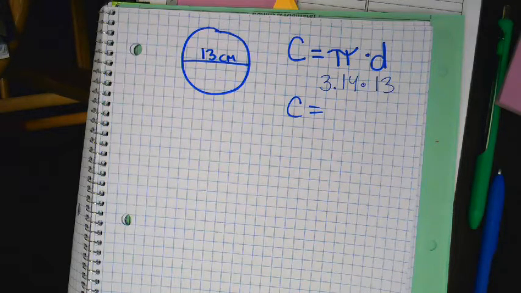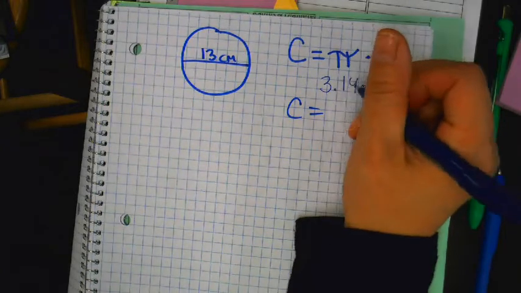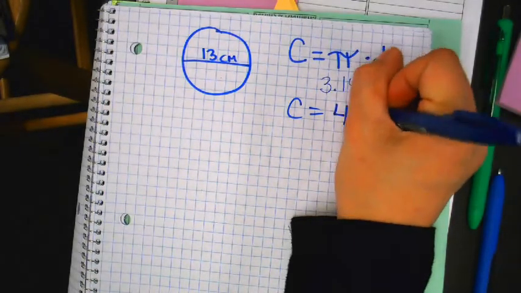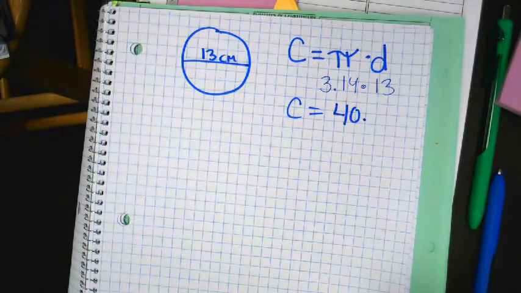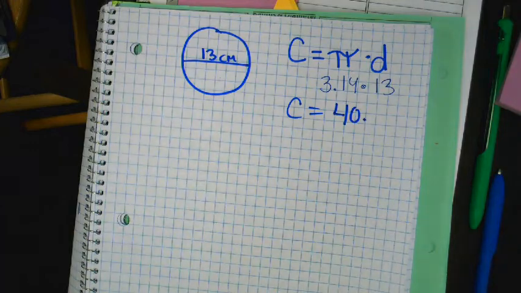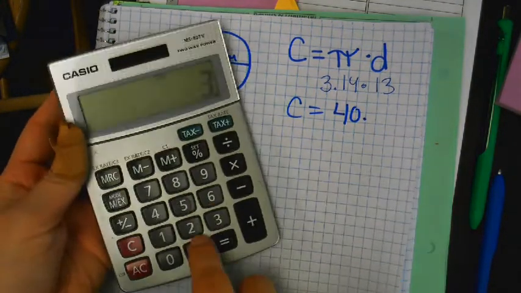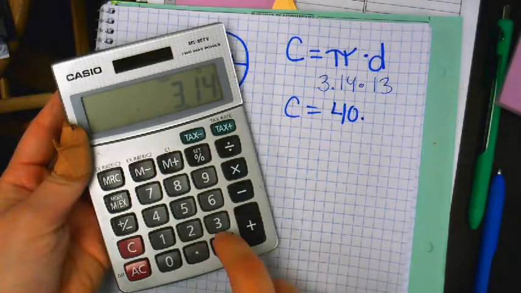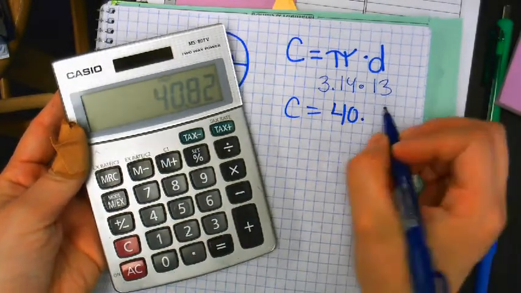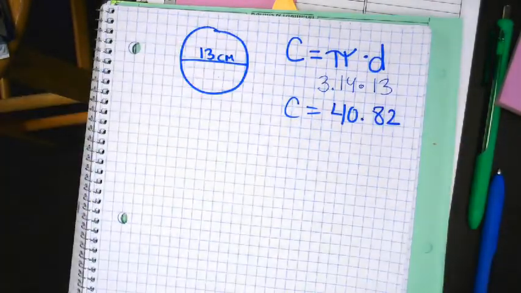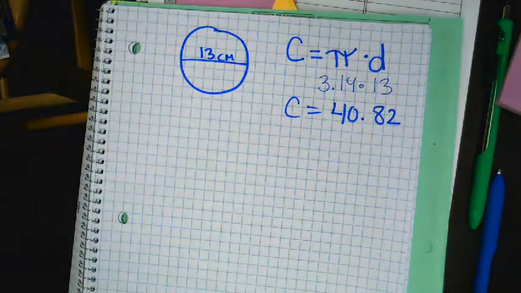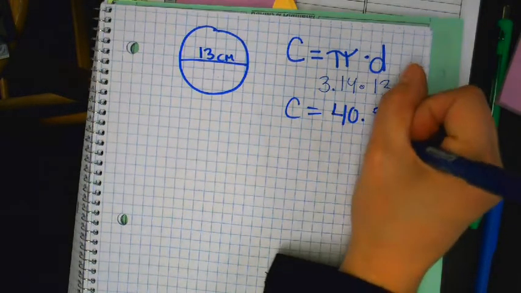What did you get again? 40.83? All right, let me check again. Double check, double check, double check. Did you type in 3.14? Yes. Oh, I forgot. Centimeters.